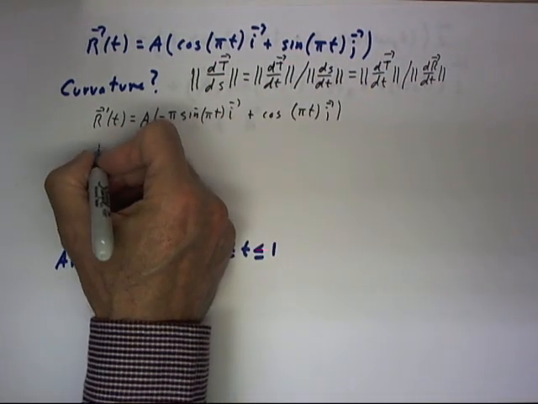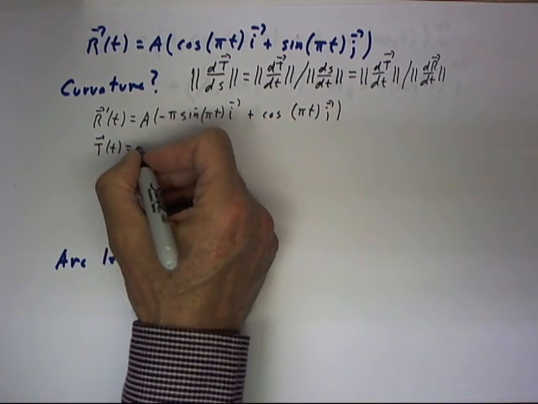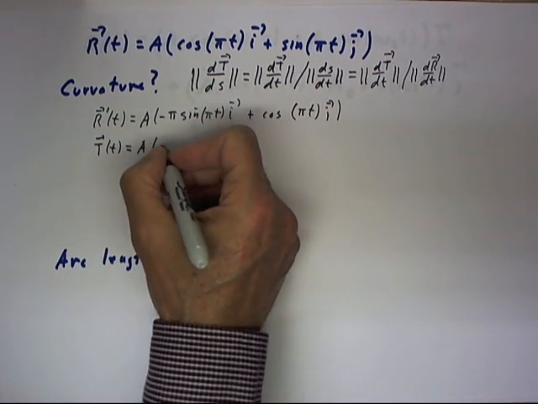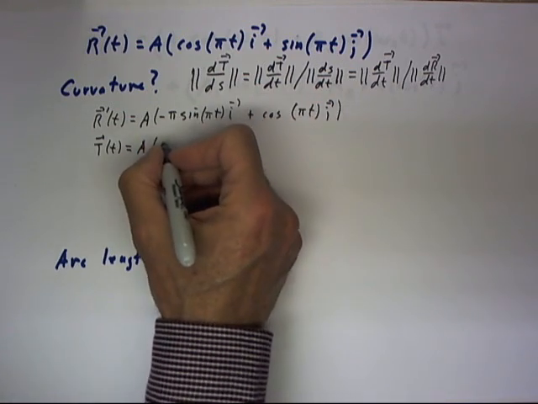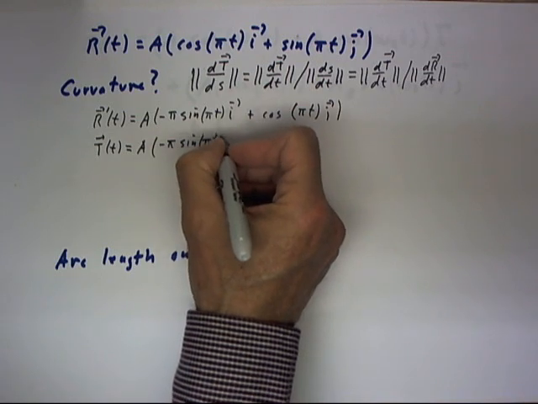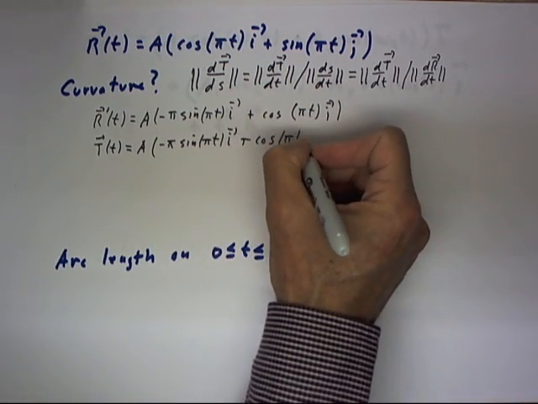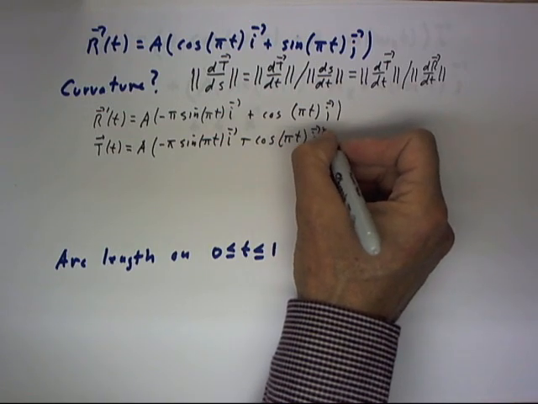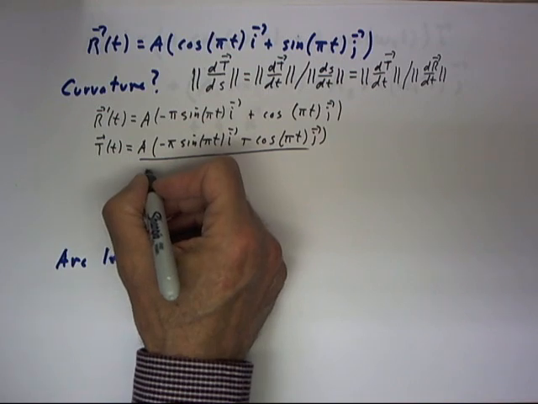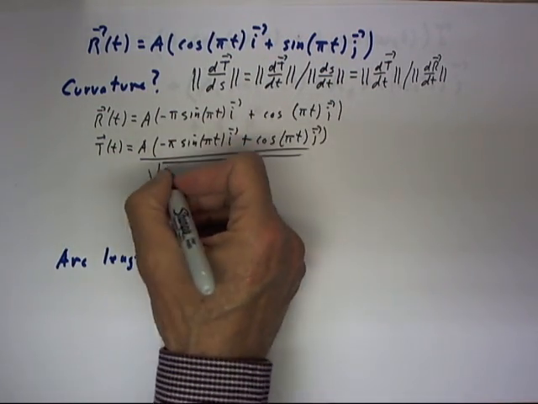So our unit tangent vector equals a times negative pi sine of pi t i plus cosine of pi t j, divided by the magnitude of this vector, which is going to be the square root of the sum of the squares of the i and j components.